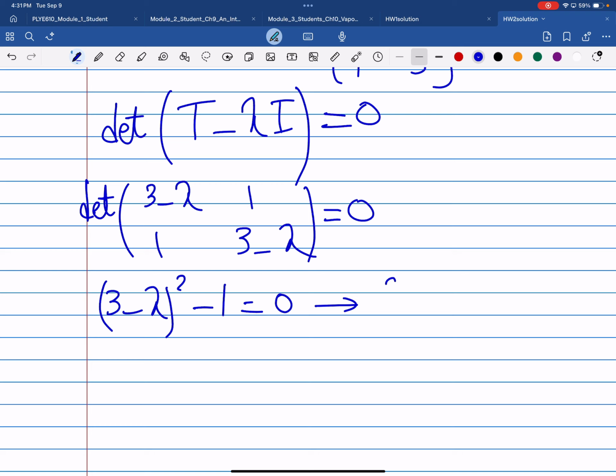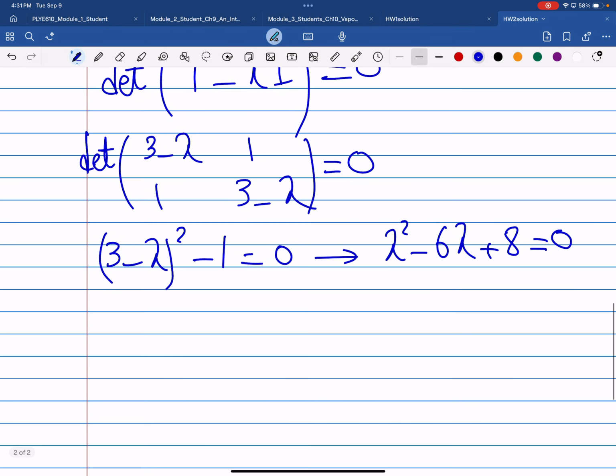It's going to be lambda squared minus 6 lambda plus 8 equal to 0, right? So lambda is equal to 4 or 2. You can quickly solve it here too, so it doesn't matter. 3 minus lambda is plus or minus 1.